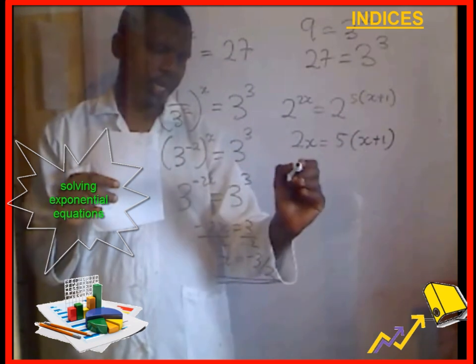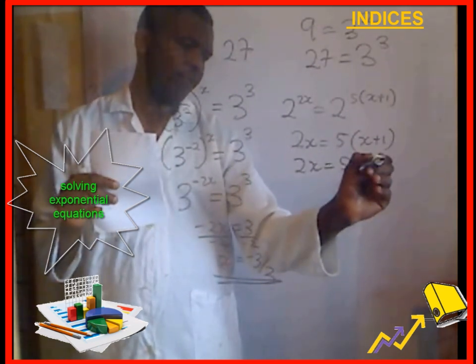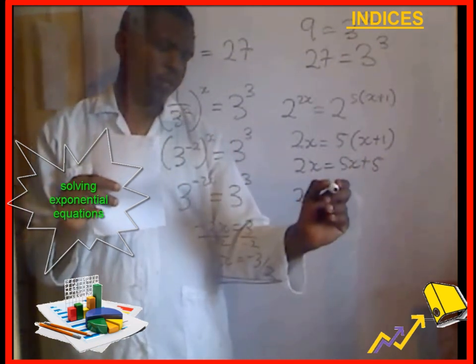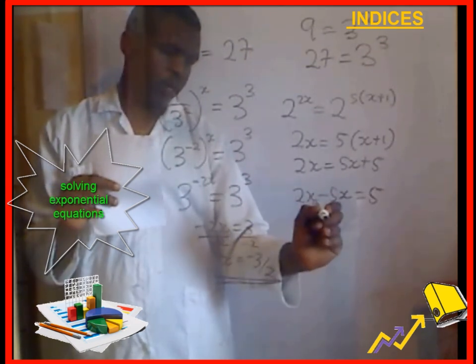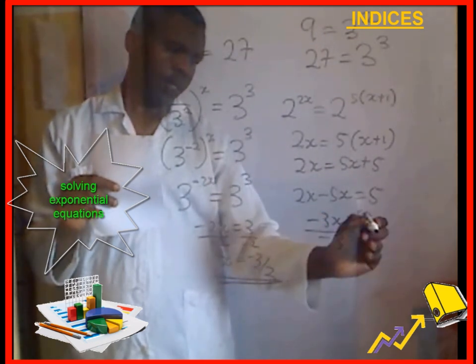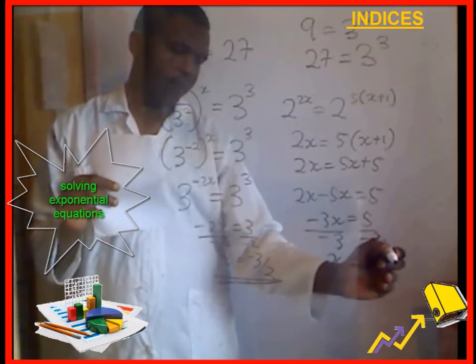I open the brackets. 2x is equal to 5x plus 5. I bring like terms together. This is 2x minus 5x is equal to 5. This will be minus 3x is equal to 5. I divide both sides by minus 3. I have x there will be equal to minus 5 all over 3.